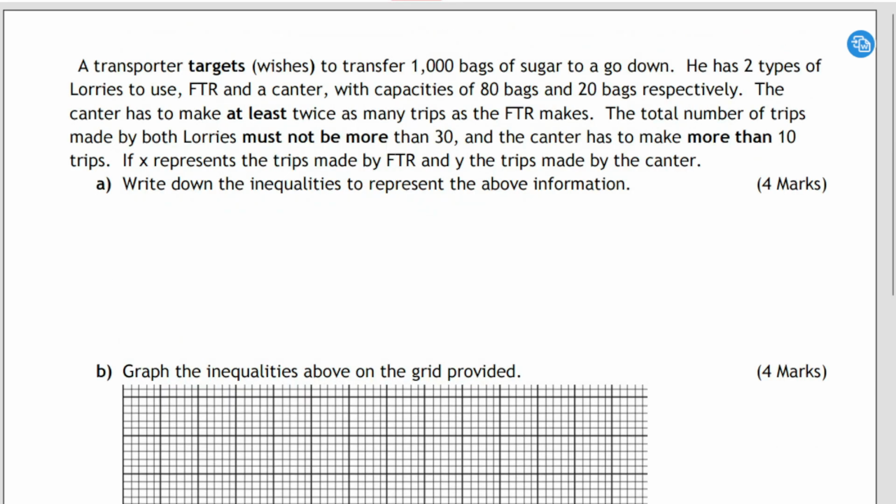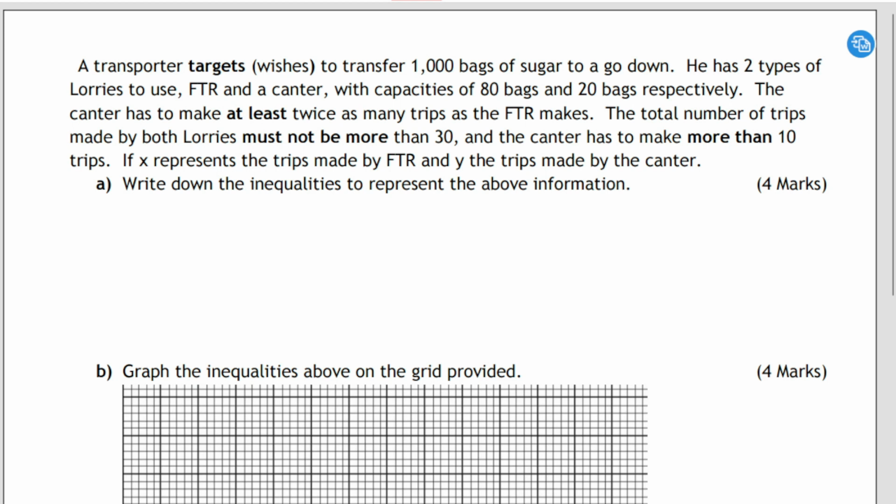Let's go to the first part where we're supposed to form the inequalities. From the above statement, write the inequalities to represent the above information. Let's go to the first statement. The transporter targets to transfer 1,000 bags to a godown. Then he has two types of lorries to use, the FTR and the canter.